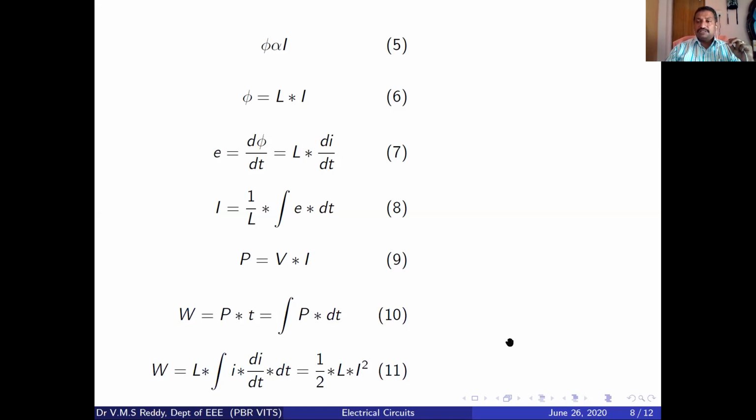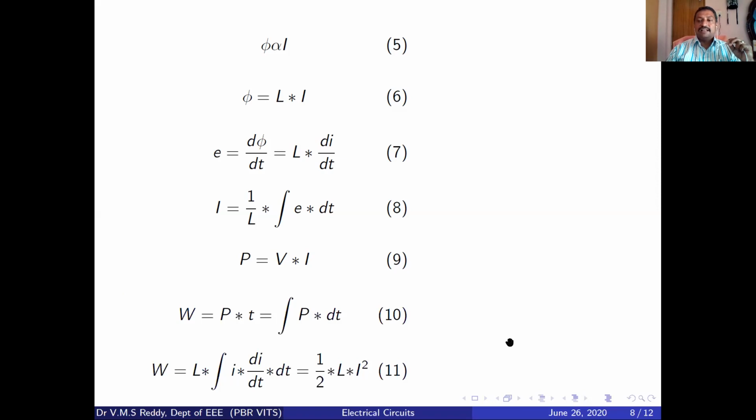So finally we conclude: what is the basic property of the inductor? An inductor is a passive element which does not allow sudden change in current flow through it, which allows the flow of current due to the magnetic field developed in the inductive coil. And the final property is that it stores the energy in terms of magnetic field.